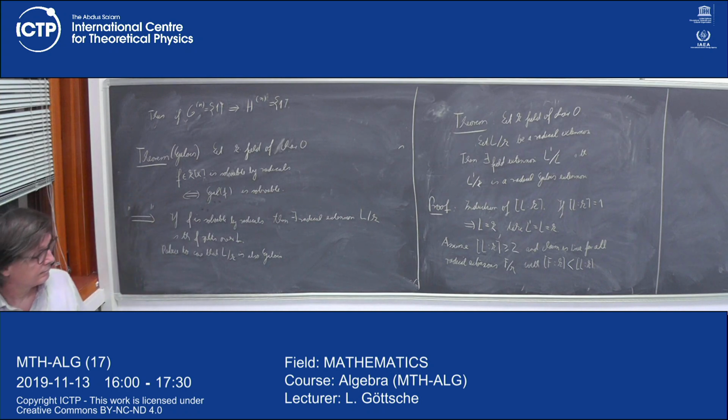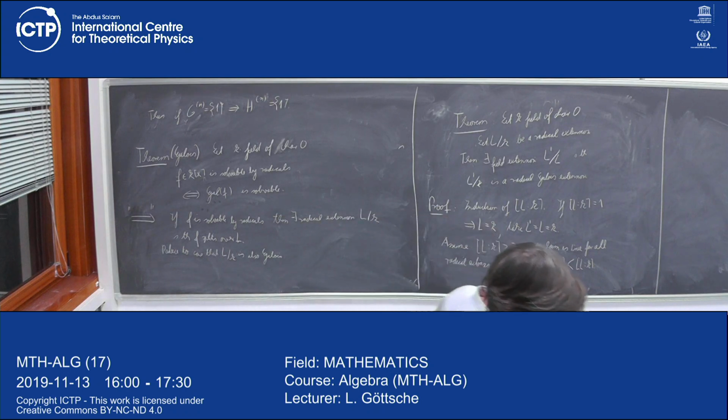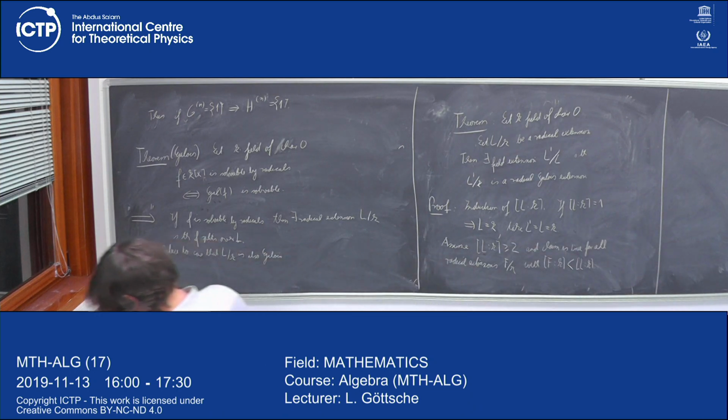Question: why should all radical extensions be finite field extensions? Well, that follows, no? If I make a chain, it's a finite chain, and at each step you join one element.